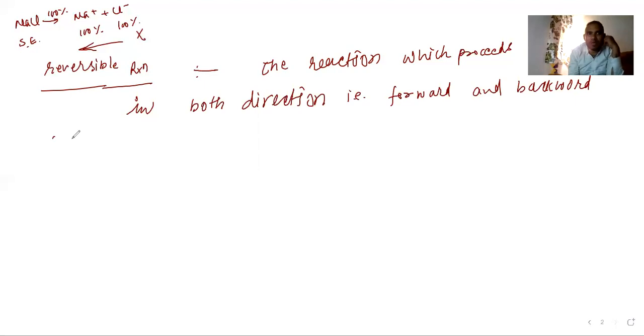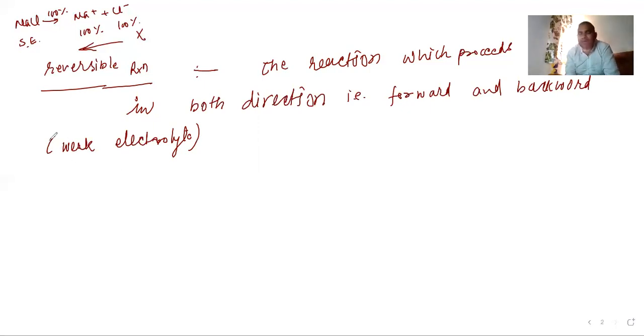In brackets, I am talking about weak electrolytes, which you need to keep in mind, or some other things also you can say. But it should not be very strong. If it is strong, meaning 100% dissociation, that is not going to work.